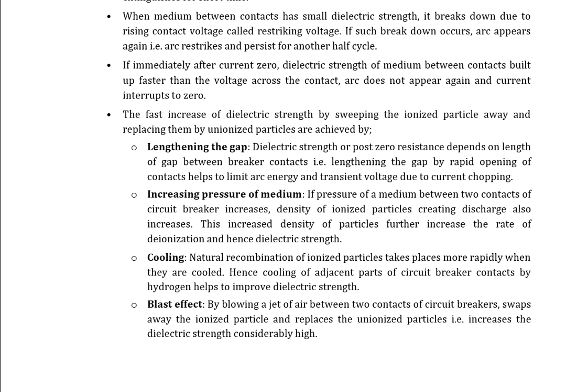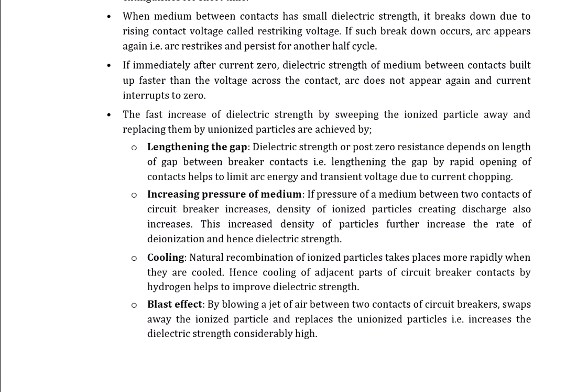The third one is cooling. Natural recombination of ionized particles takes place more rapidly when they are cooled, so cooling the adjacent part of the circuit breaker contacts by hydrogen helps to improve the dielectric strength. The fourth is the blast effect.